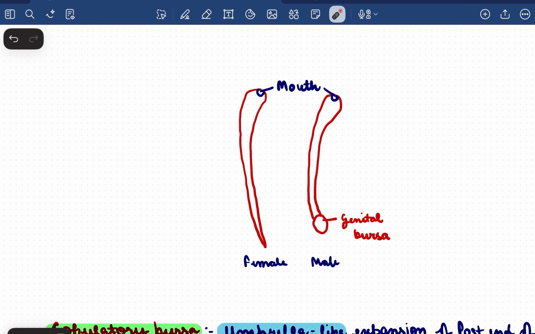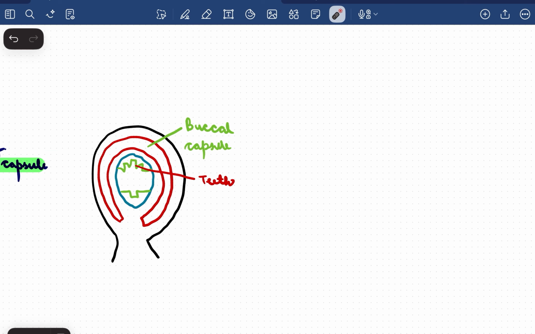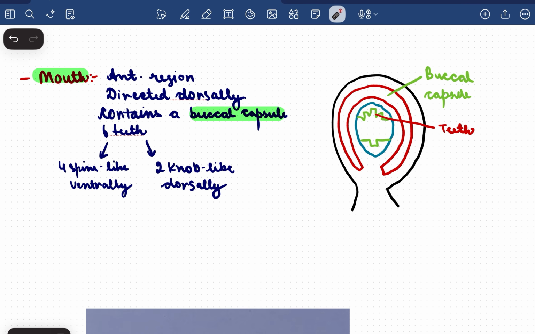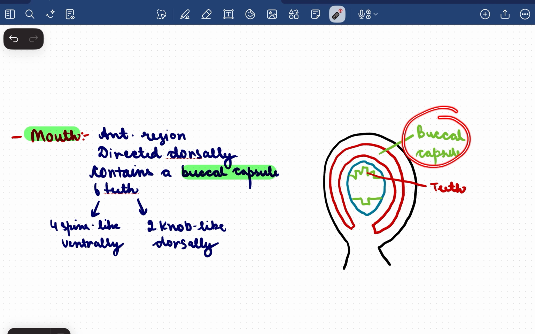Moving forward with the mouth, we can see over here that the mouth has a buccal capsule and teeth, much like how we humans have teeth. So the mouth is anterior in position and it is directed dorsally.